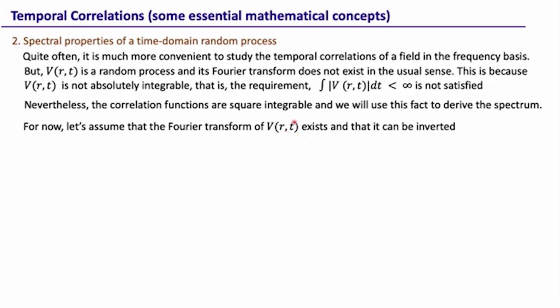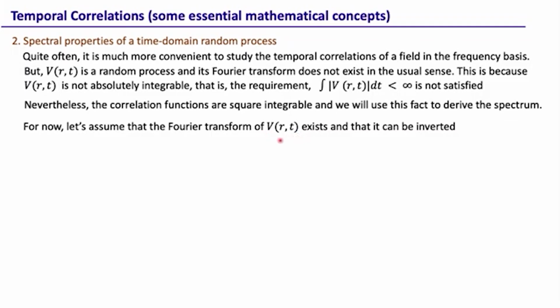Again, the Fourier transform doesn't exist in the usual sense, but in the sense of generalized function theory one can show that a transform exists; we don't go there. We write V as a Fourier transform in a symbolic sense, and we will give its physical meaning only when we calculate the correlation function and not the signal itself.